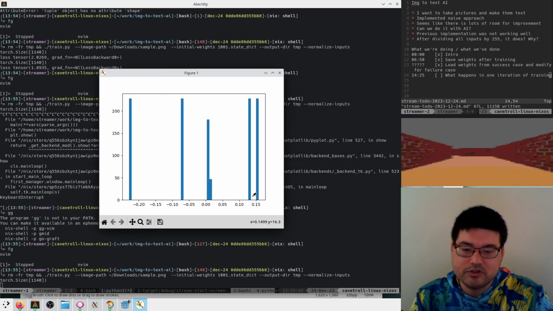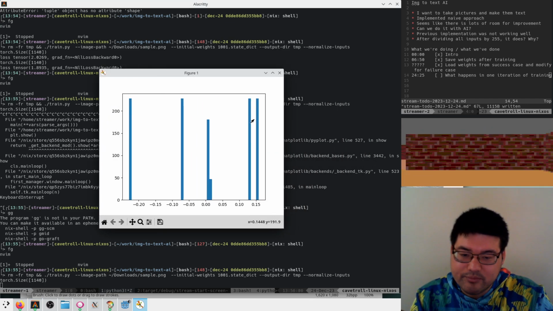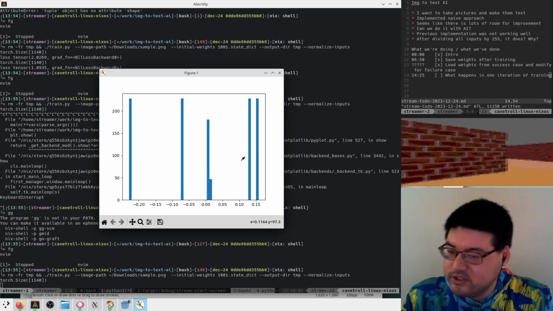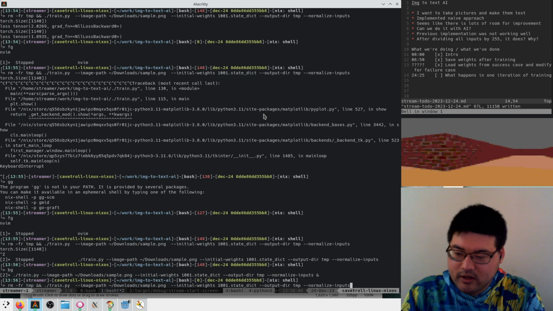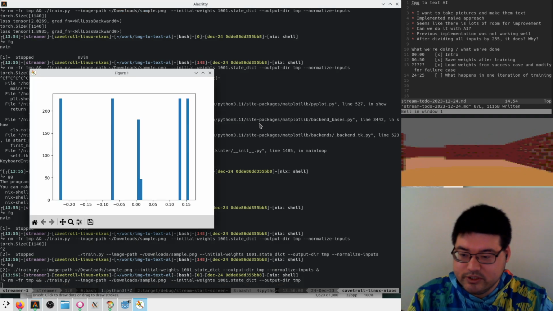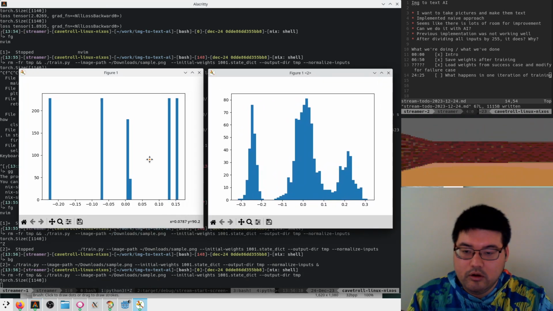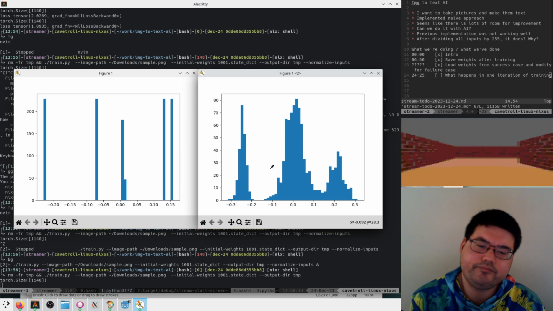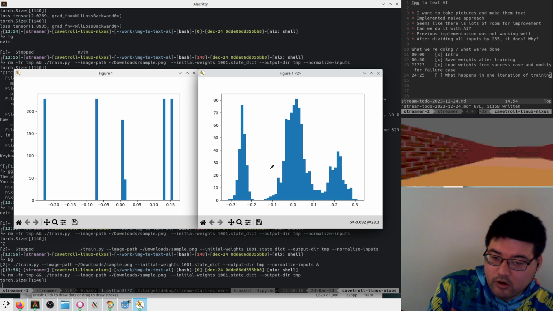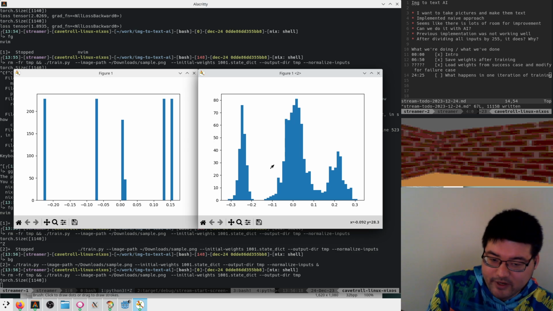Okay. So interestingly, we have a lot of samples in very small ranges. And can I do this again, but without normalized inputs, and just compare? That's interesting. So what does this tell me?